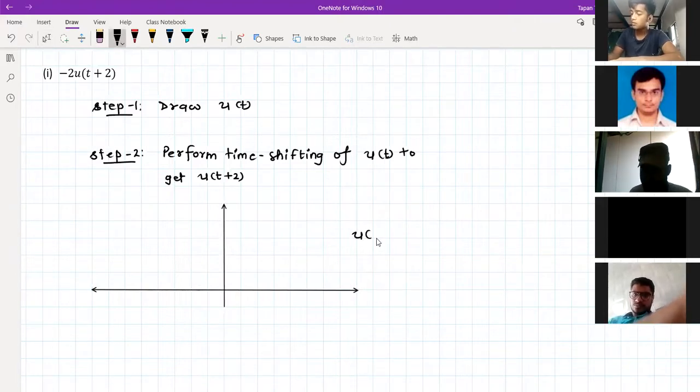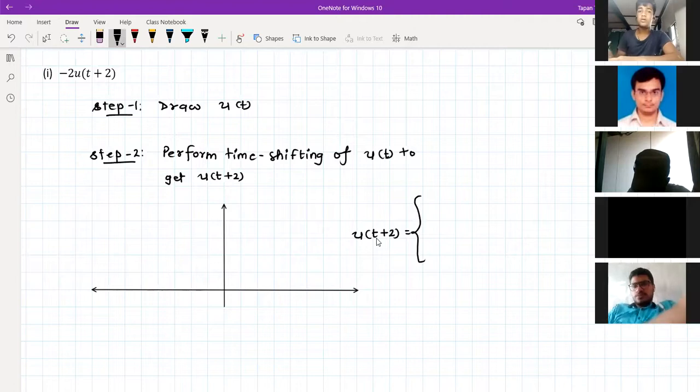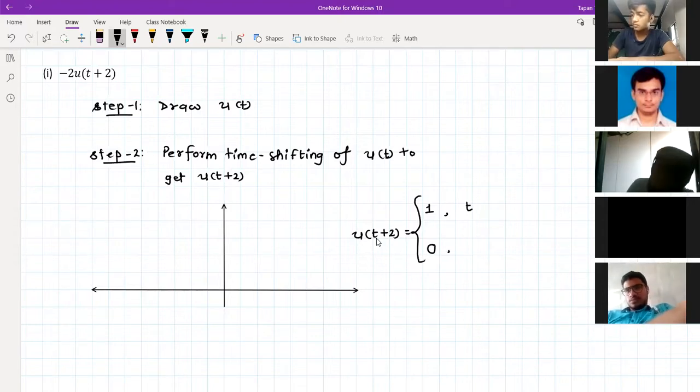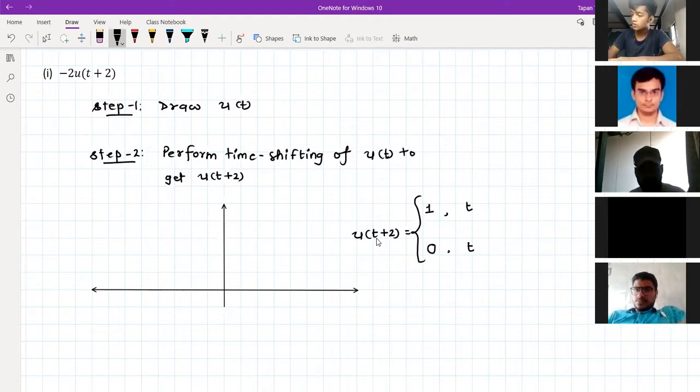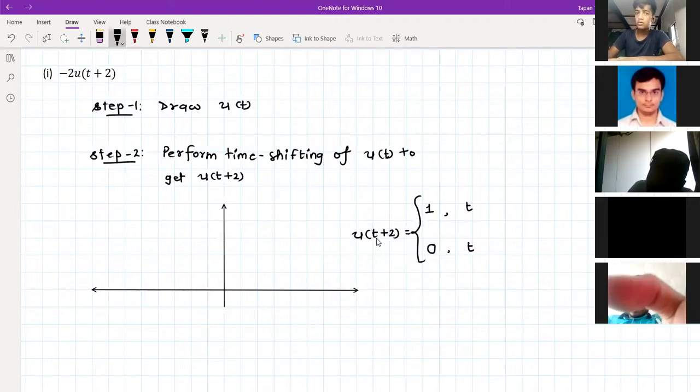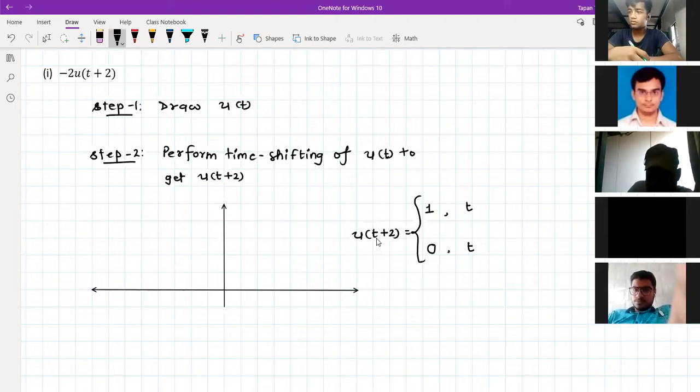I will only write u of t plus 2 is equal to 1 and 0 for t. Which one? One when t is greater than or equal to minus 2. Yes, very good.